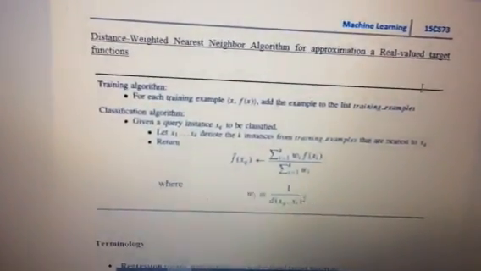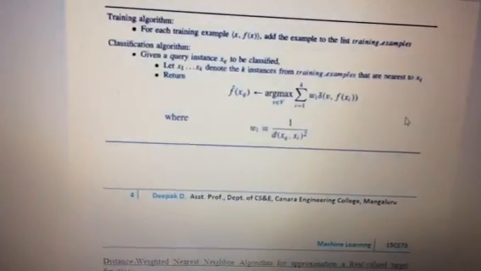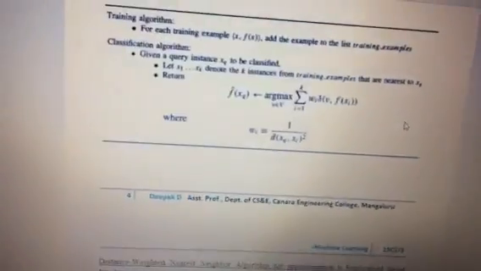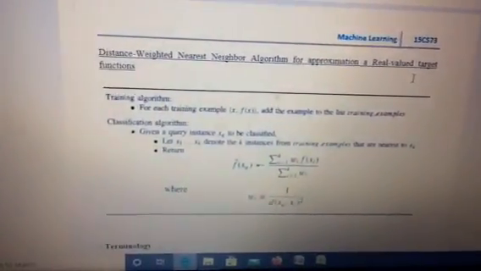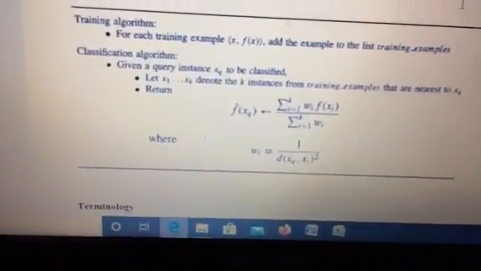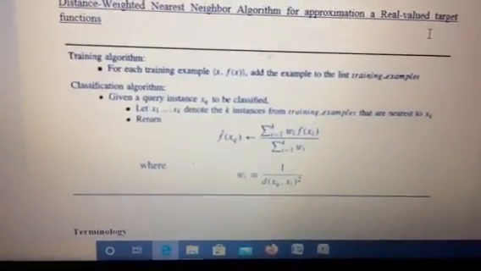The only difference between a continuous and a discrete valued function is that if it is a discrete valued function, we consider a finite value, that is v is defined as a finite set, whereas in a continuous valued function, we have not defined a finite set. So that is the only difference between the discrete valued and continuous valued target functions.